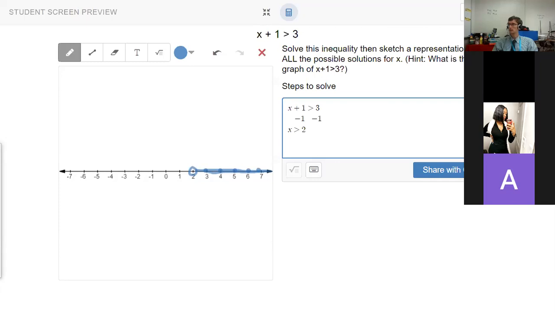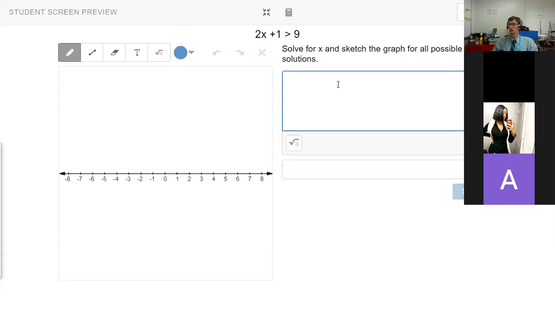All right, slide 10. Go ahead and solve this. 2x plus 1 greater than 9. When you have a single statement, x greater than something, plot that here.